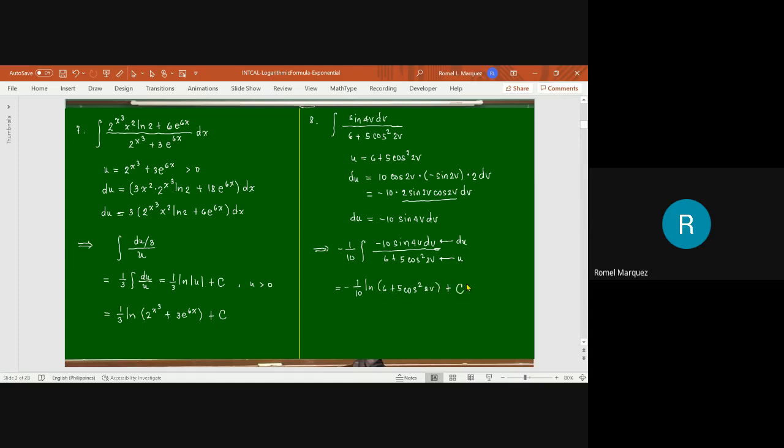It's not needed. Why? Because the cosine is squared. Cosine is negative in the second, third and fourth quadrants, but it is squared, so there is no chance for it to be negative. And there's a plus 6. So there's no need for absolute value. It will never be negative.